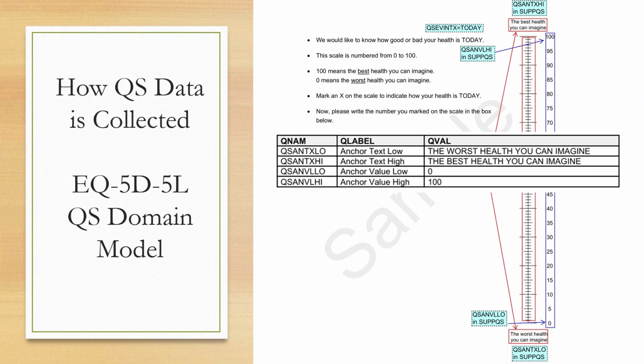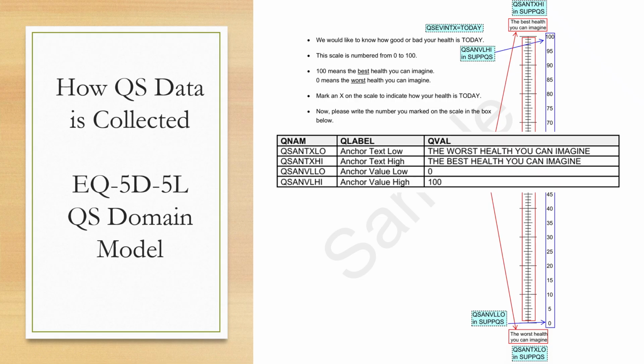The text value indicates whether this value is the worst value or the best value. So we will have QSANTXLO, which is the anchor text low value, and similarly HI is the anchor text high value, as the two subquals created for each subject, where the QVAL will be the worst health you can imagine and the best health you can imagine respectively.